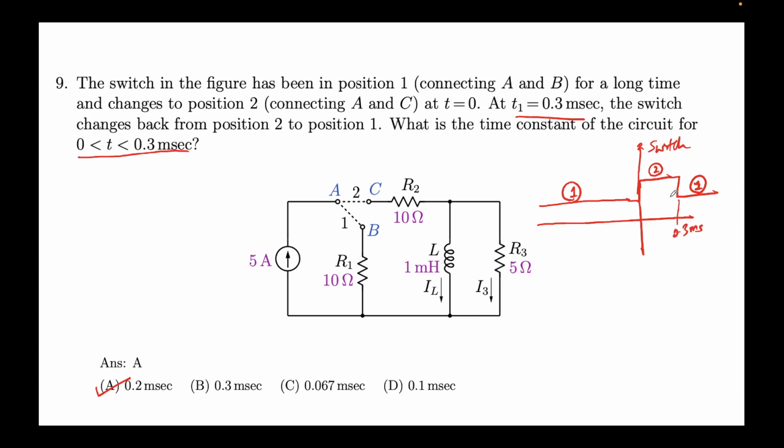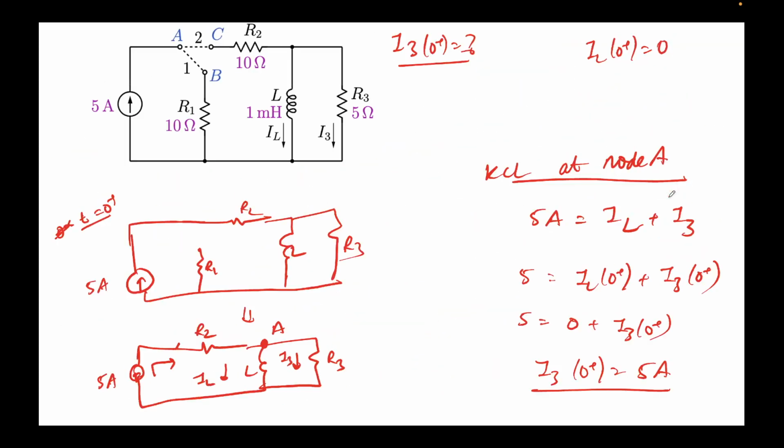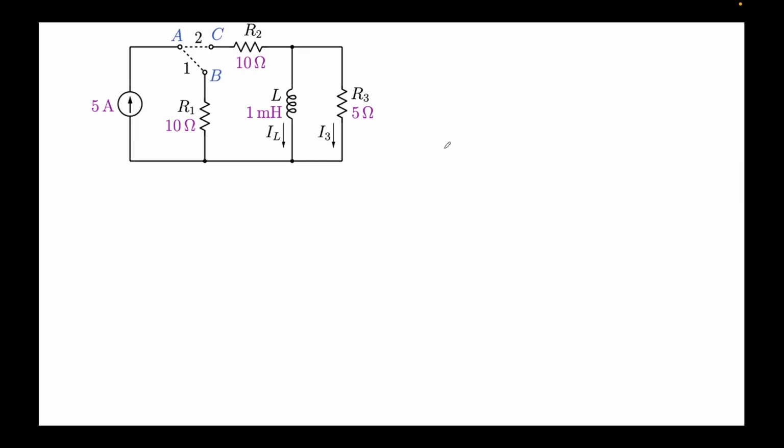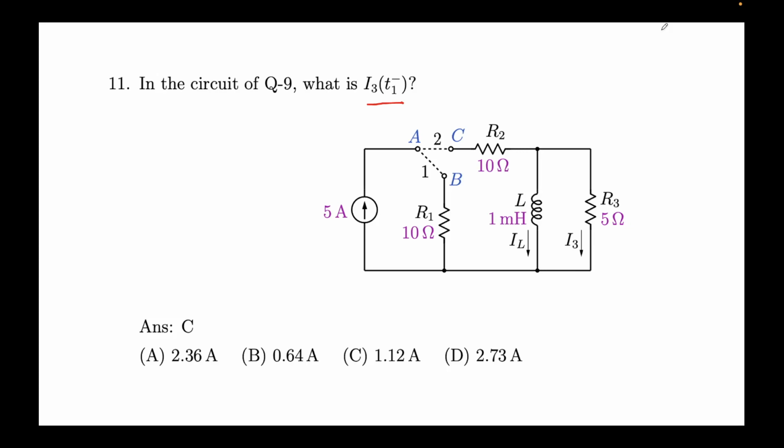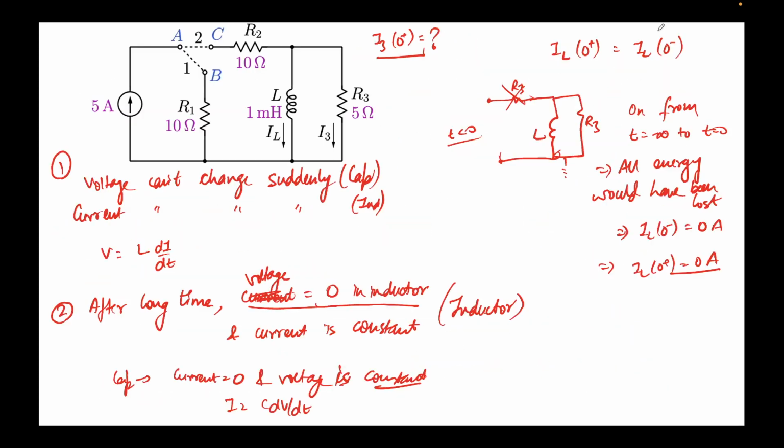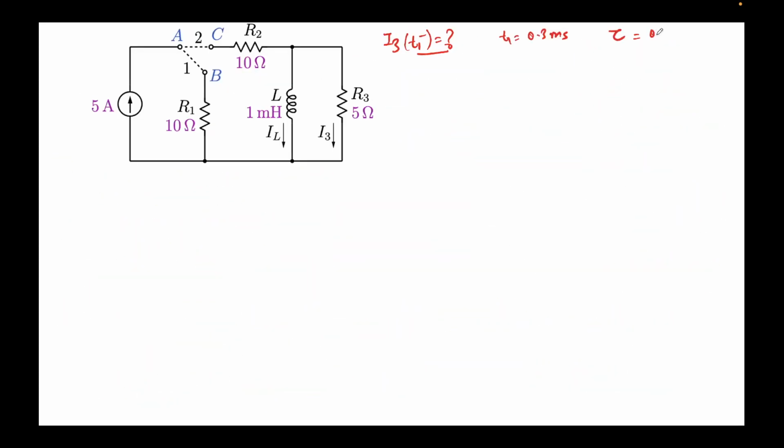So I'll write that I3 of T1 minus is equal to what? And before we forget, this is 0.3 milliseconds, and tau was 0.2 milliseconds.